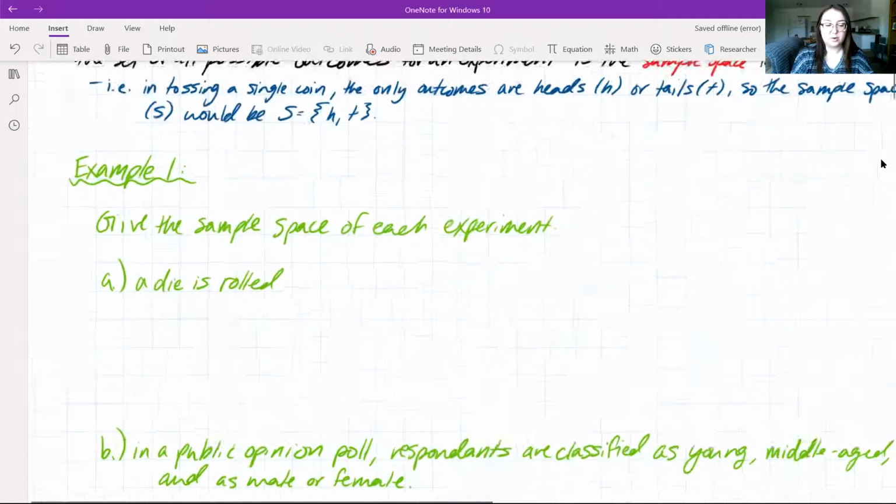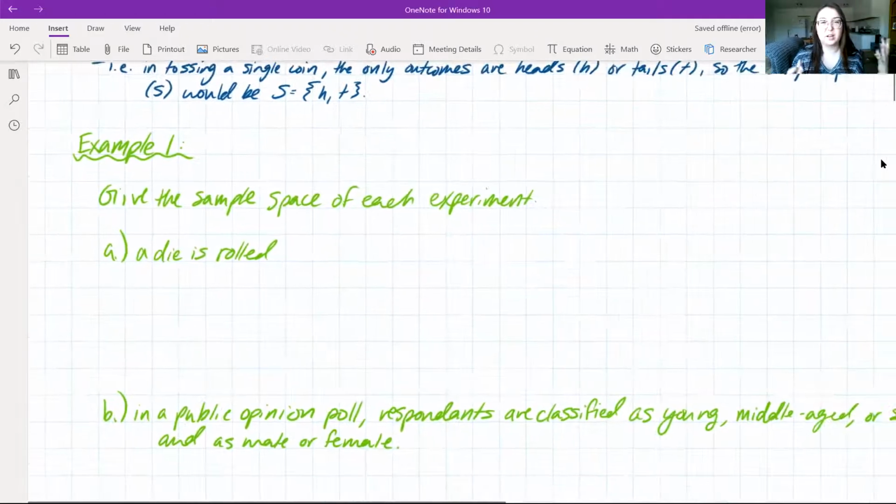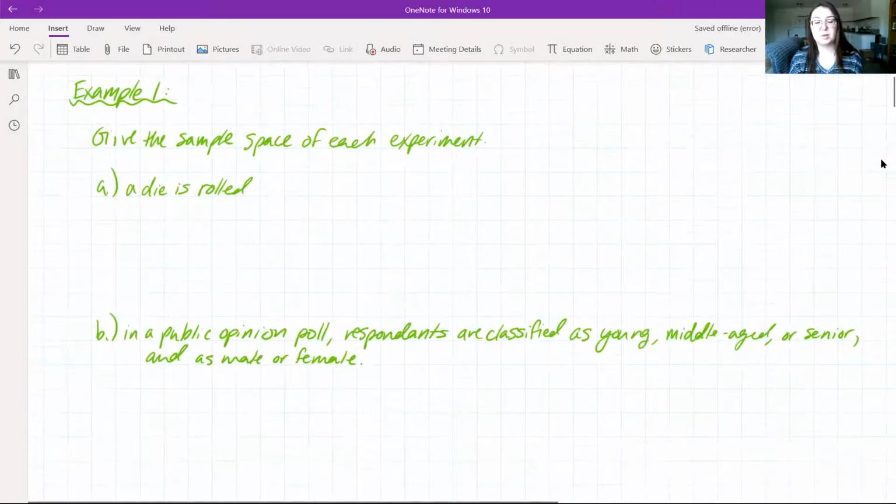All right, let's do one example working with this idea of a sample space. For example 1, we want to give the sample space of each experiment. For A, a die is rolled. This means a single die is rolled.